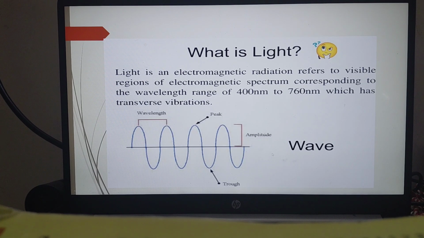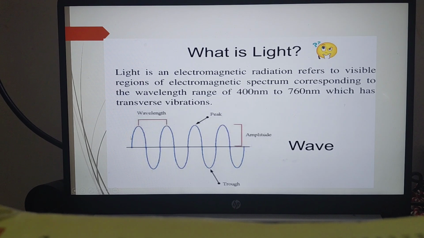See, in the diagram, the wave travels from one place to another place. What is wavelength?